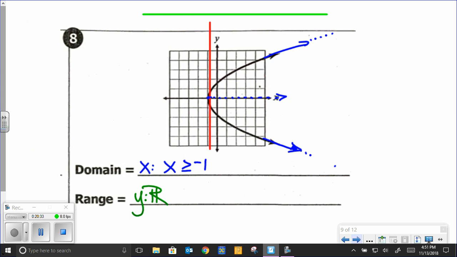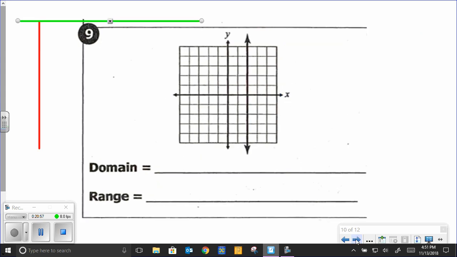It starts right there. I don't have anything this way of it, so it's not hitting anything there. But it starts right there. That's -1, and it's going to go on forever and ever this way. It's never going to stop because I'm going to keep hitting. See, I'm hitting the ones that I kind of made with the dots. And it's going to keep hitting all the way forever that way. So that's where we get x is greater than or equal to -1. Again, it's equal to because it is on that line, hitting that line.